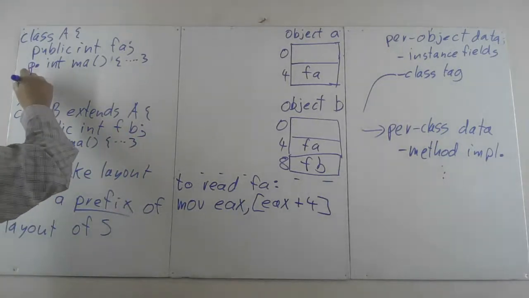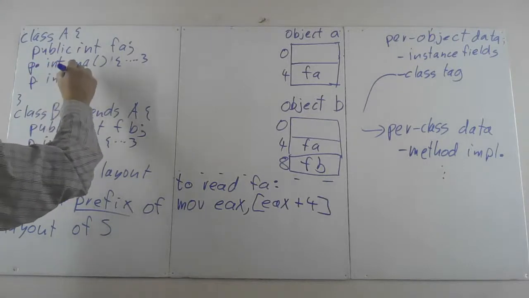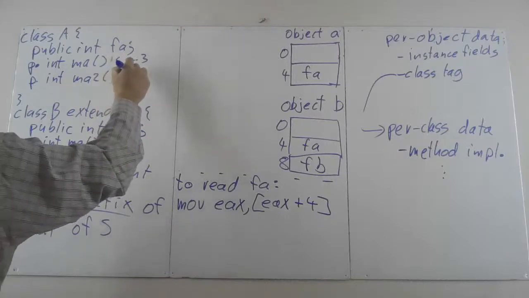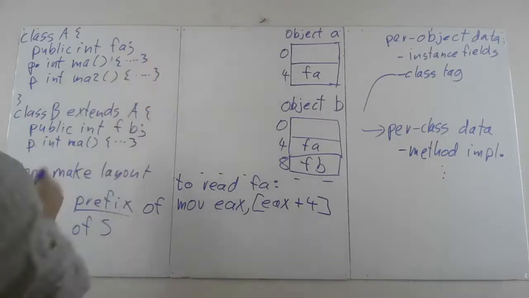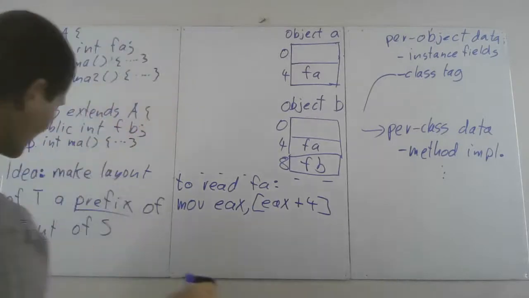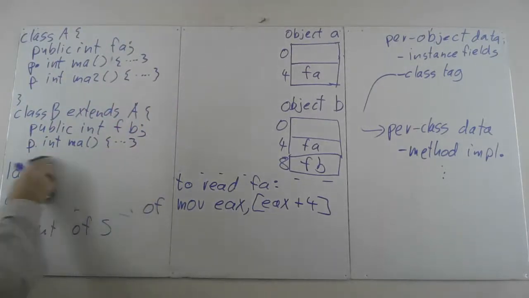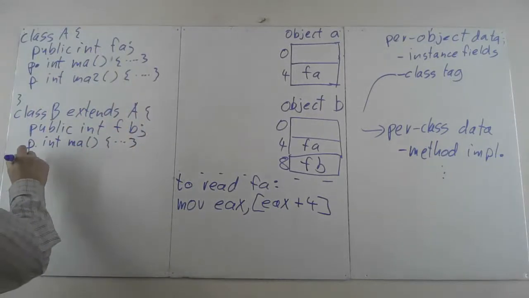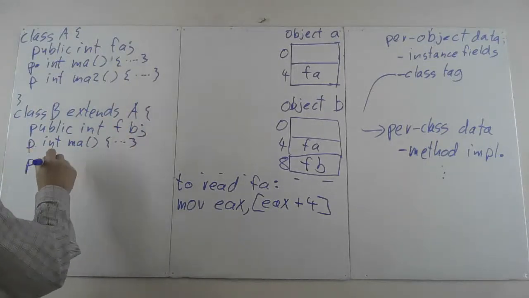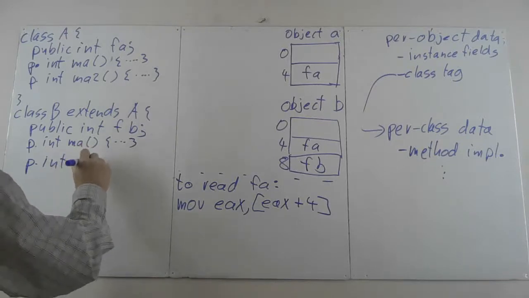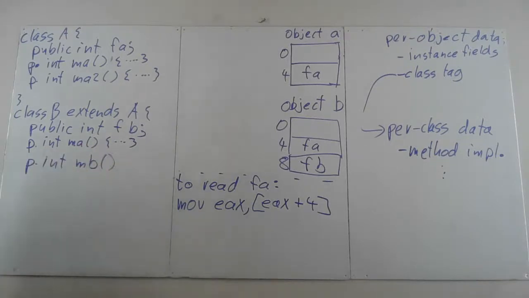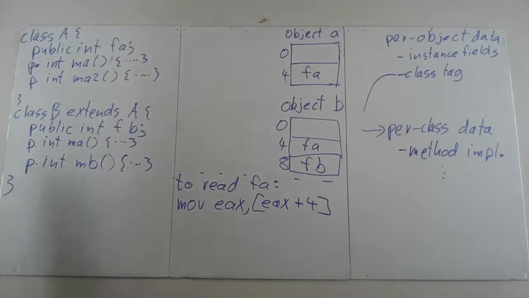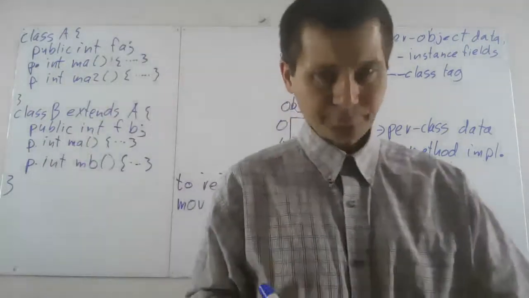And maybe in class A I'll have another method MA2, with an implementation here. And in class B, let's also have a new method, and I'll call it MB, a method that's introduced in class B. And I have methods like this.